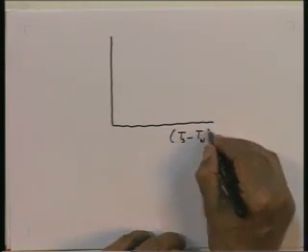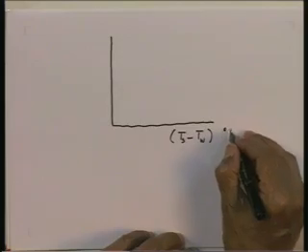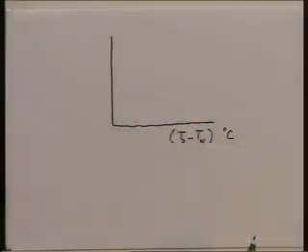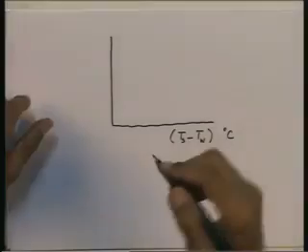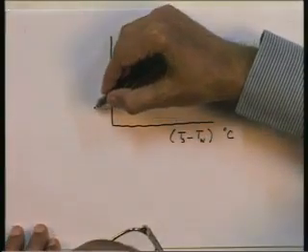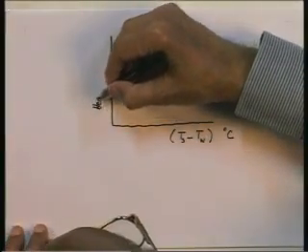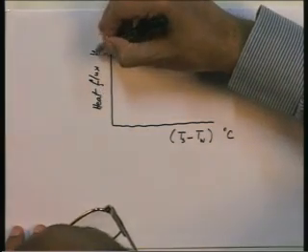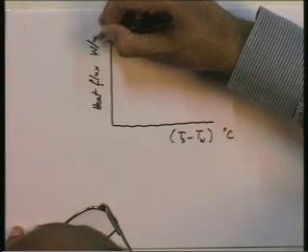T s is the saturation temperature of the vapor which is condensing on the solid surface, and T w is the wall temperature which is slightly less than T s. On the y axis I plot the heat flux transferred during the condensation process, the heat flux in watts per meter squared.